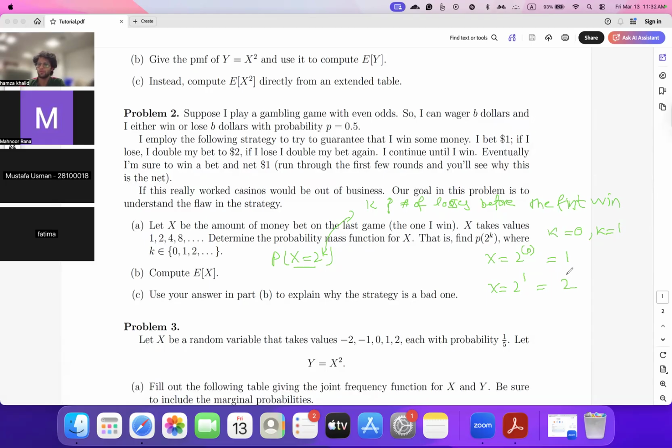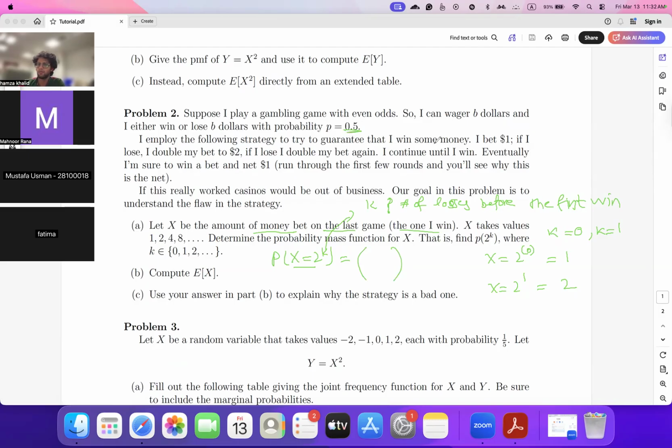Yes. So X, your random variable, is the amount of money bet on the last game, the one that you win. Okay. So what would that be equal to? Well, it's 50-50.